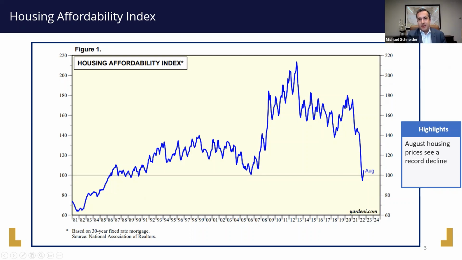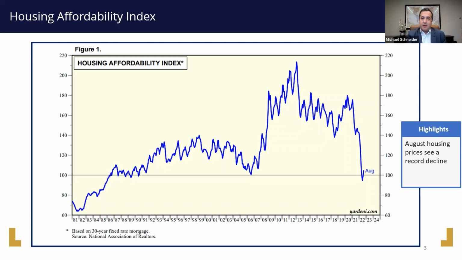That data is already a couple of months old, and those are just from the closing dates. These contracts, these prices, were agreed to probably 45 to 60 days beforehand. So this data could actually be from May, June, and July, and it doesn't really reflect today's current economic environment.